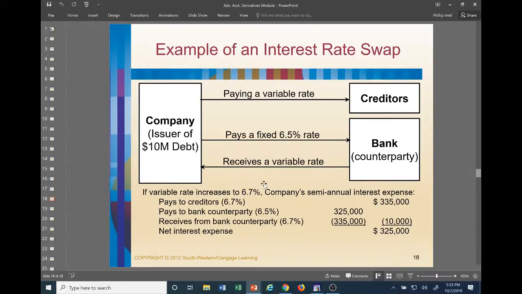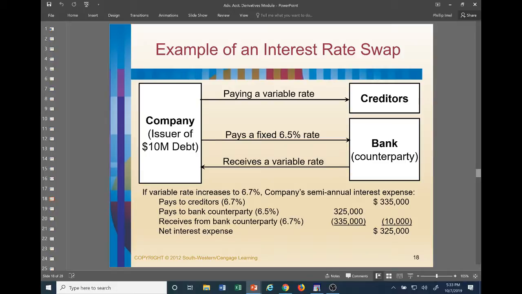So let's assume that the variable rate increased to 6.7% on the $10 million of variable interest debt. The company's semi-annual net interest expense would be determined as follows. If the variable rate increased to 6.7%, the company's semi-annual interest expense is going to be $325,000. So how do we get that?